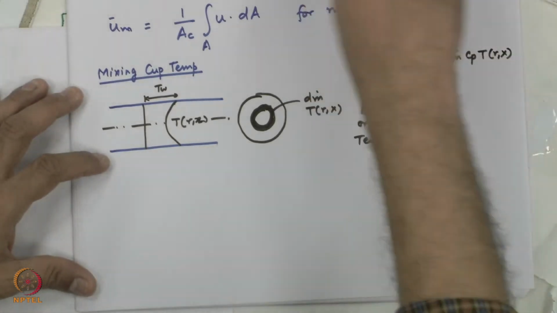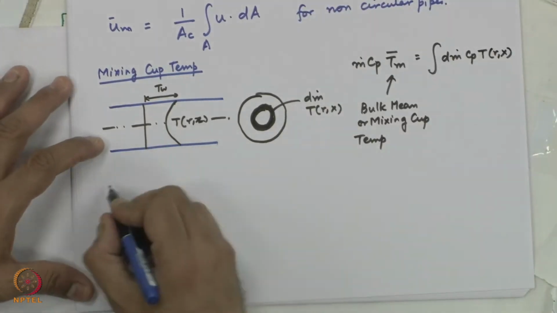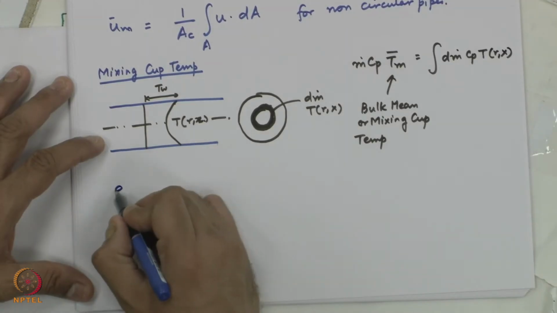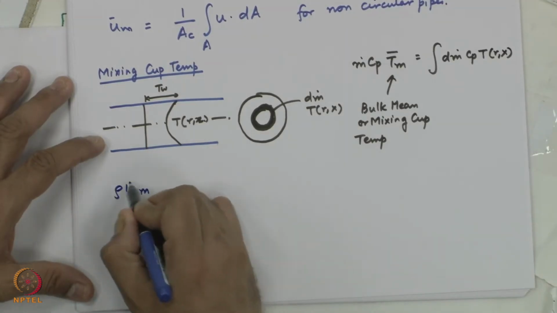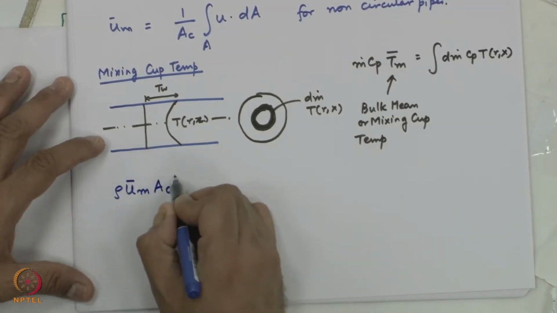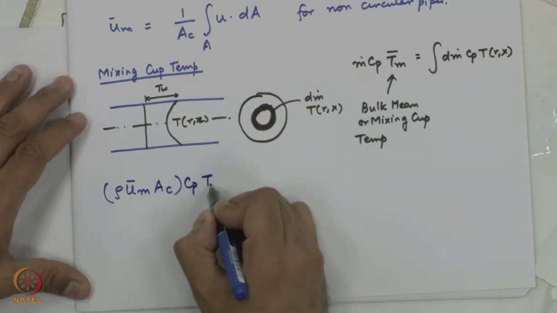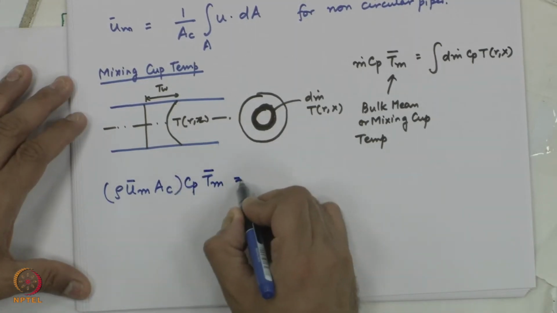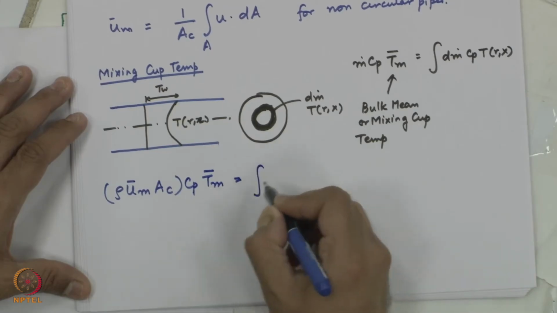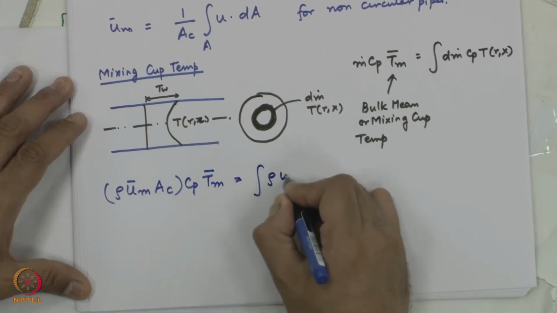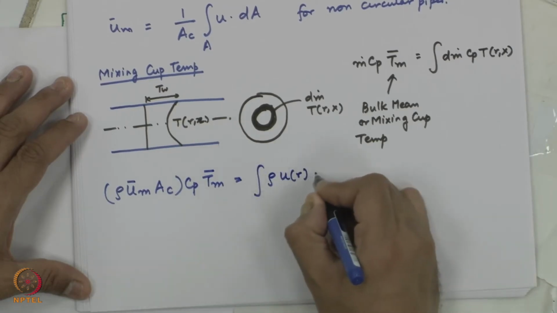Okay. So now m dot total for the whole area is rho u bulk mean into capital AC, which we know is the mass flow rate, times Cp times the bulk mean temperature, which I am supposed to calculate. dm is rho u of r dA.